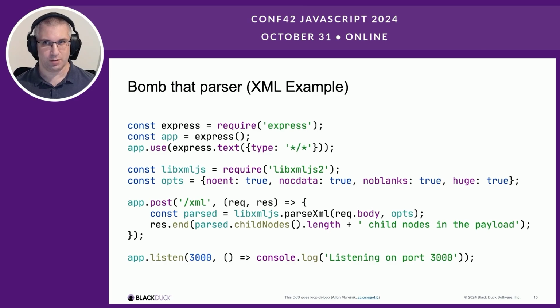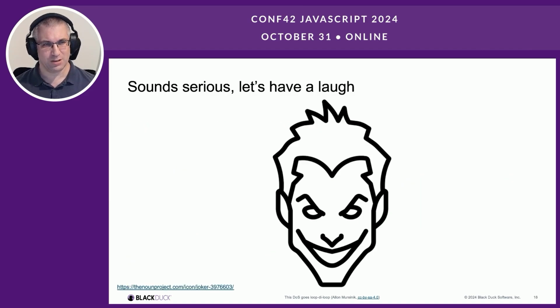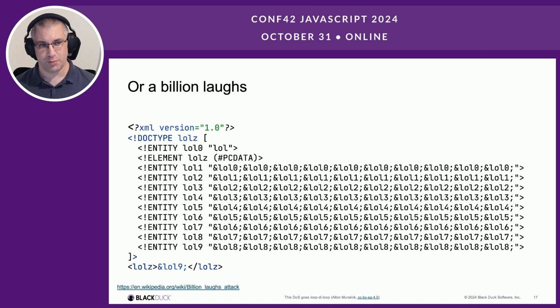Not super interesting, but I threatened that we are going to bomb our parser, which sounds quite serious, like too serious. It's frightening. So let's relax. Let's have a couple of laughs. In fact, let's have a billion laughs.